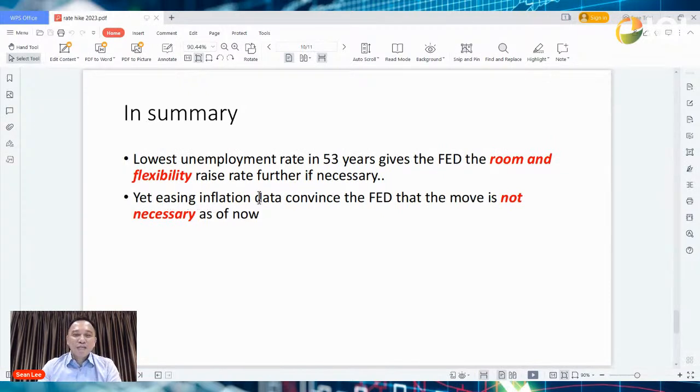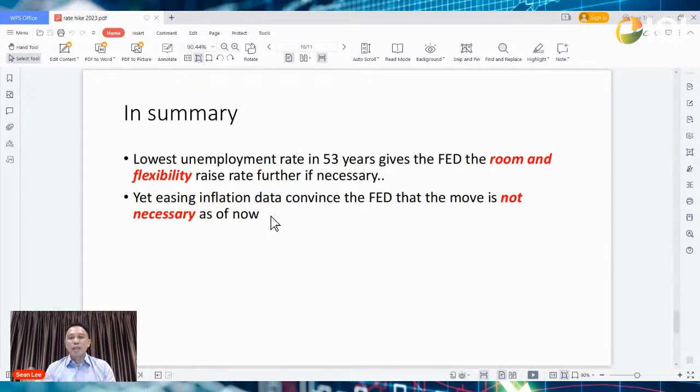Yet, easing inflation data convince the Fed that the move is not necessary as of now. So it means that, but I don't see the need. Okay, if your body temperature has started to subside, it's no longer on a high temperature, perhaps the need to increase the interest rate is not there as of now.